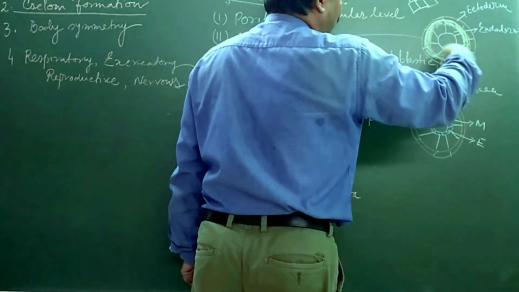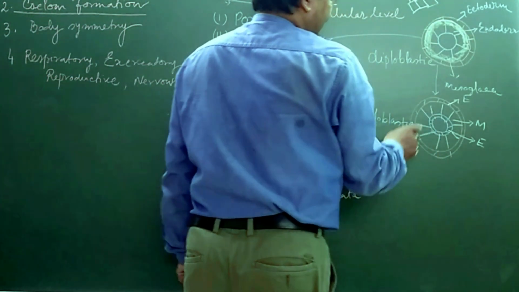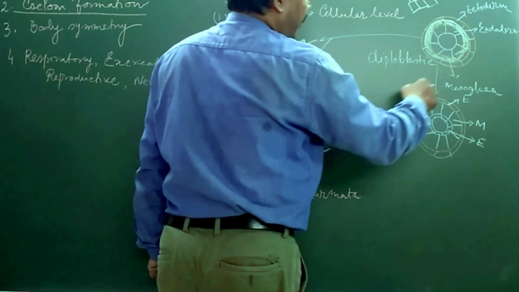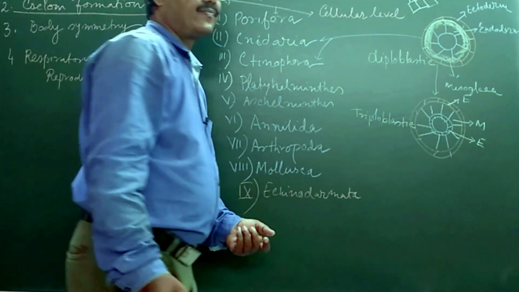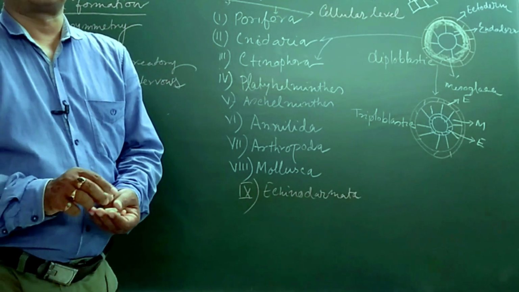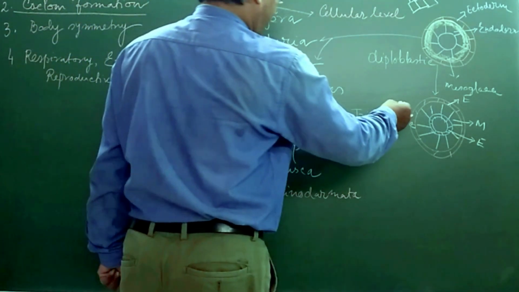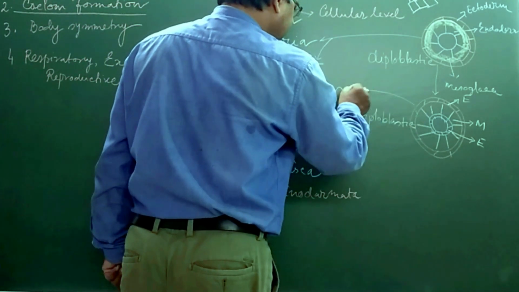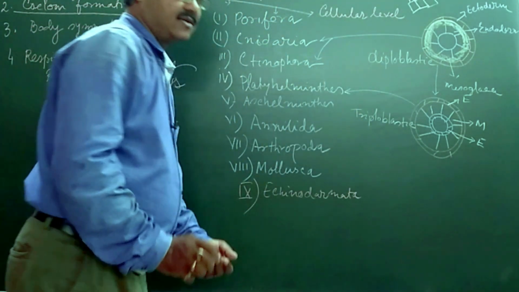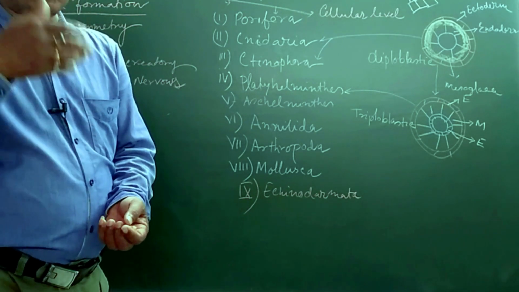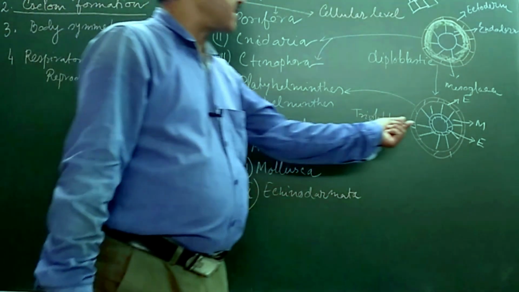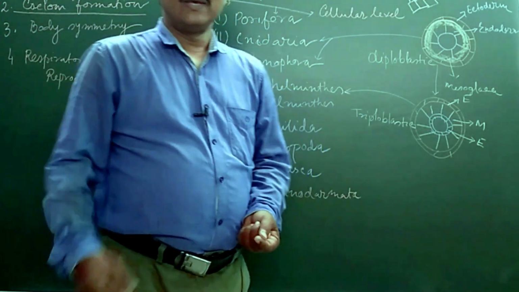In between, mesoglea forms. Then the three-layered triploblastic body organization develops. This triploblastic structure starts from Platyhelminthes, but during the course of evolution, this structure is not fixed.